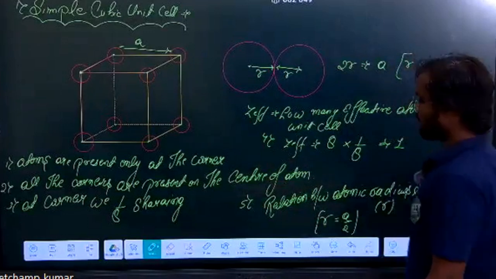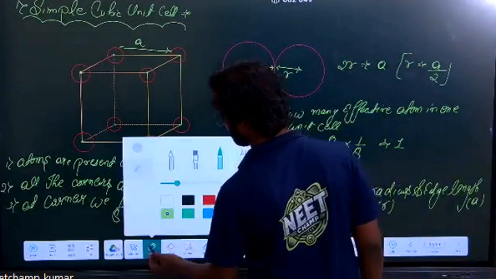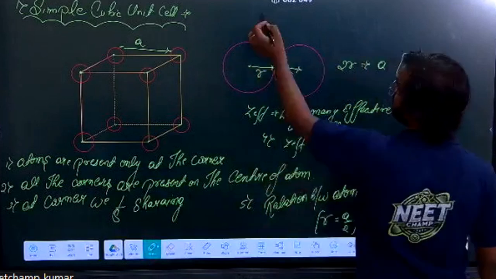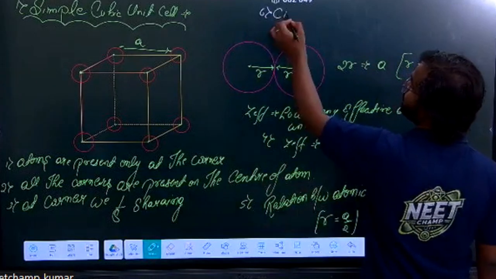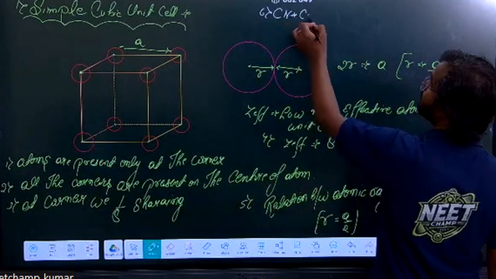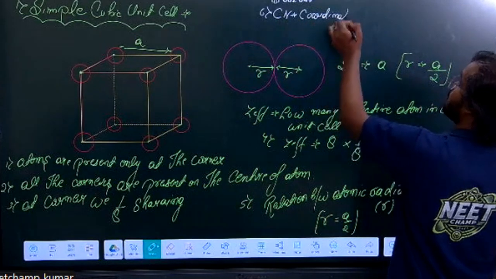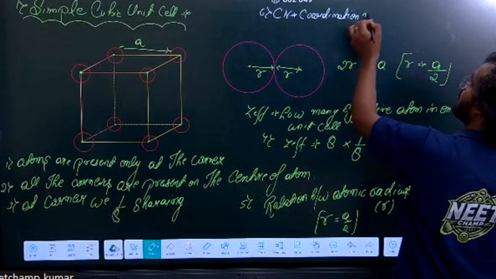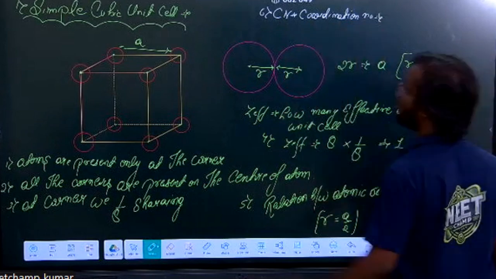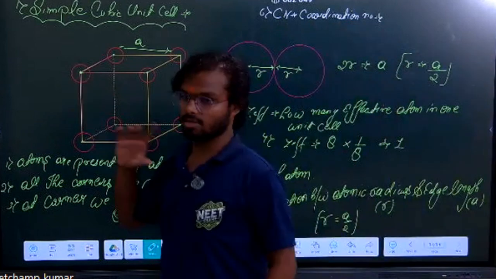Clear? The second last important point, which is very important, is CN, which is called the coordination number. Coordination number means how many atoms are touching this single atom.